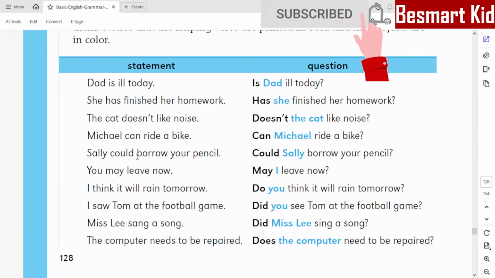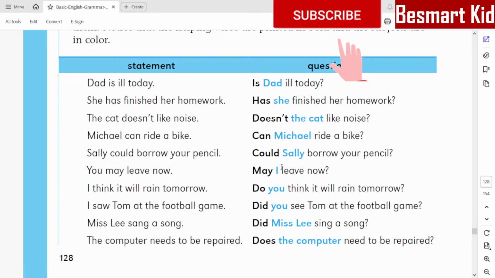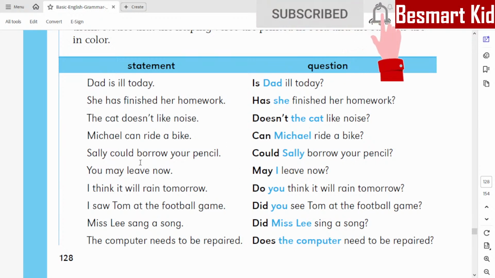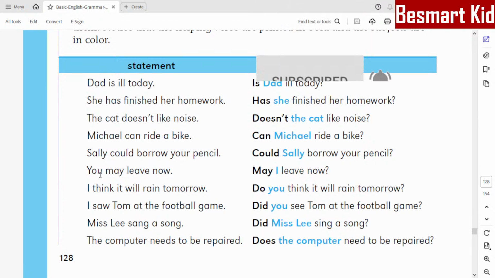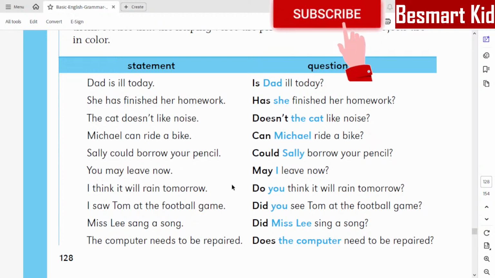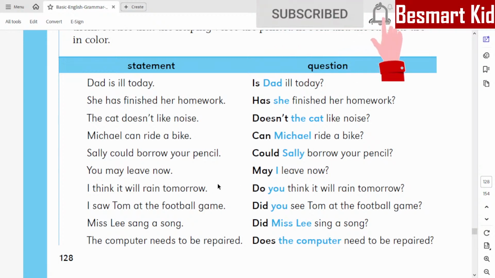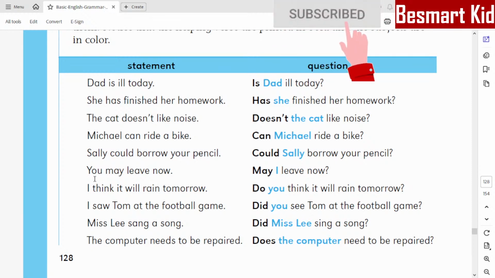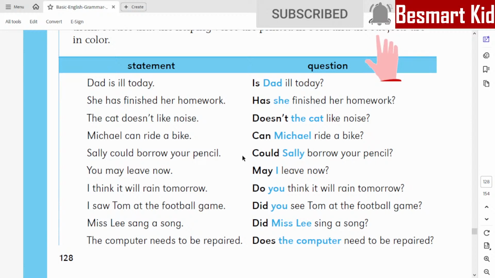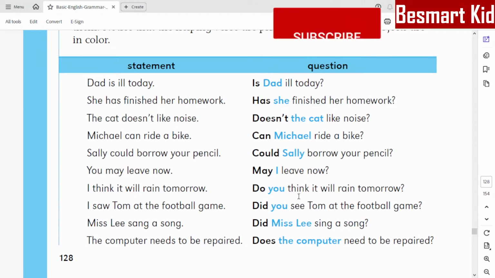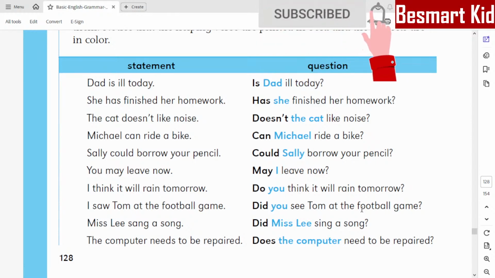Sally could borrow your pencil. Could Sally borrow your pencil? You may leave now. May I leave now? I think it will rain tomorrow. Do you think it will rain tomorrow?